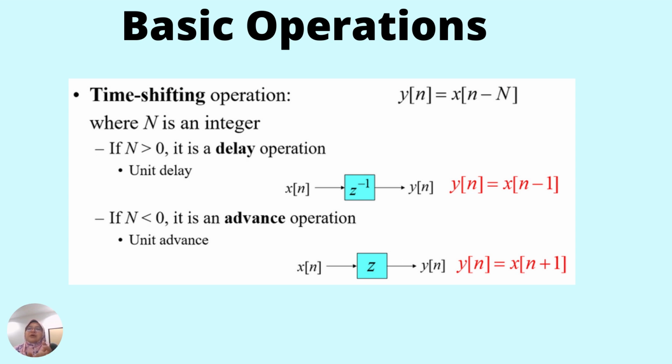Once a signal goes into a delay, in this example x[n] goes into z^-1, the x[n] becomes x[n-1]. If it goes into another delay, then it is x[n-2]. It depends on how many delays. You can see this through the videos I've shared with you on the revision for basic operations.